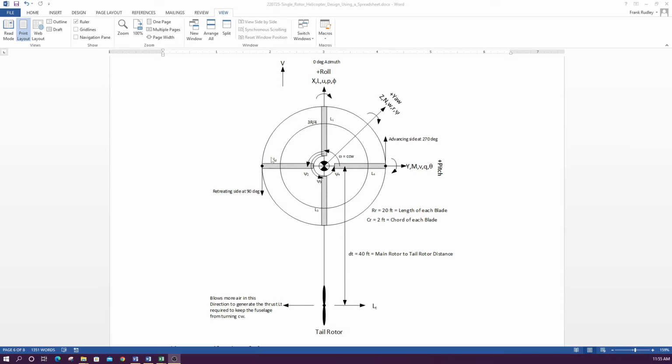Of course, when it goes in this position, the lift at that point has no impact on the M moment. It does impact the L moment, and then when it's over here, it does. The lift will tend to make the aircraft nose down. Over here, it makes the aircraft nose up, and when it's at this position, it has no impact on M, but every place in between it has some impact on M.